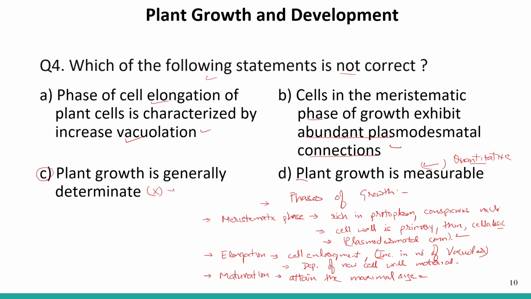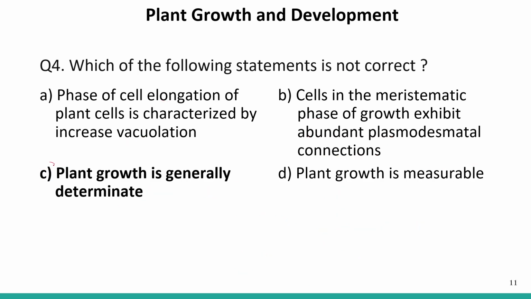So this is not correct because plant growth is open type, or you can say it is indeterminate. Alright, means it is not terminated. So option C is the correct answer for this question.